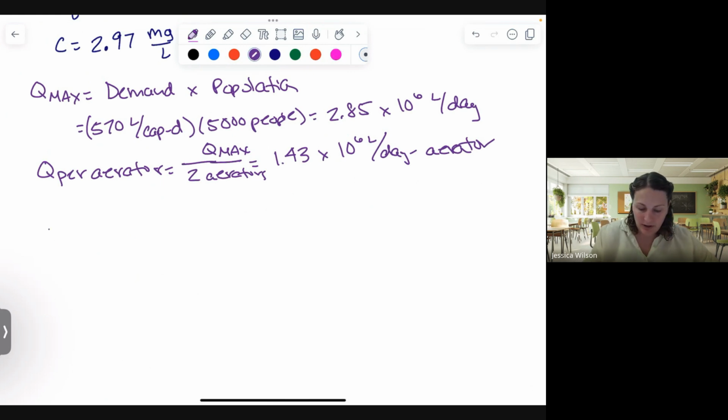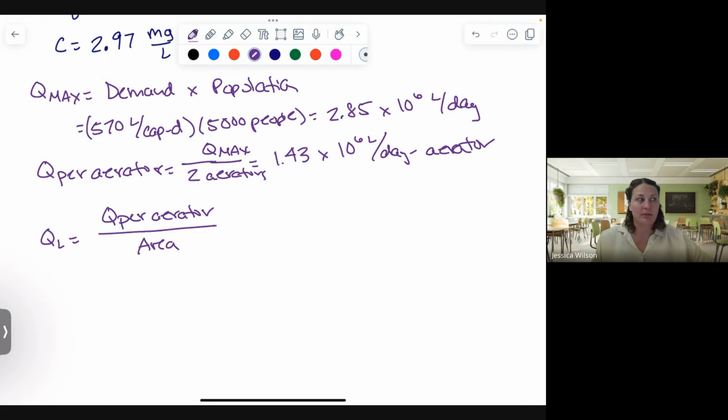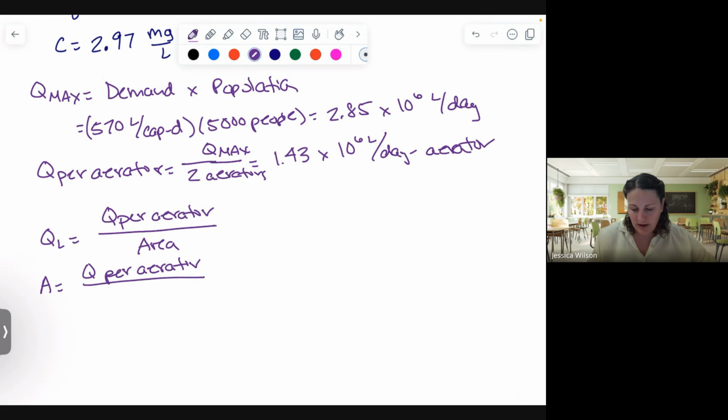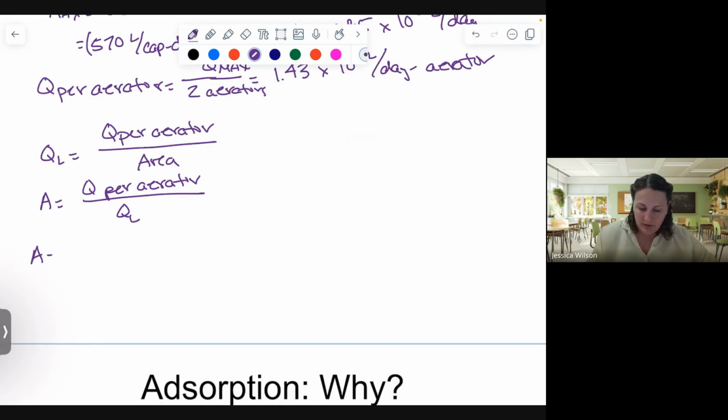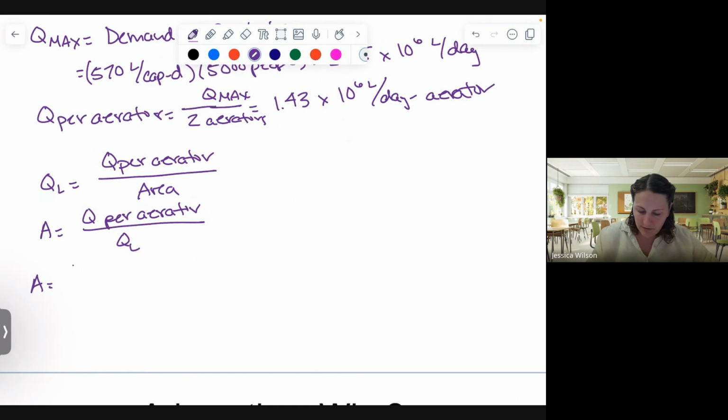Our hydraulic loading is equal to the Q per aerator divided by the total area of the trays. Or just rearranging this, area is equal to the Q per aerator divided by our hydraulic loading. Our total flow per aerator, we just solved for that. That was 1.43 times 10 to the 6 liters per day per aerator.